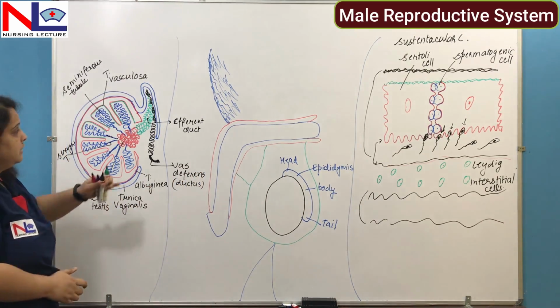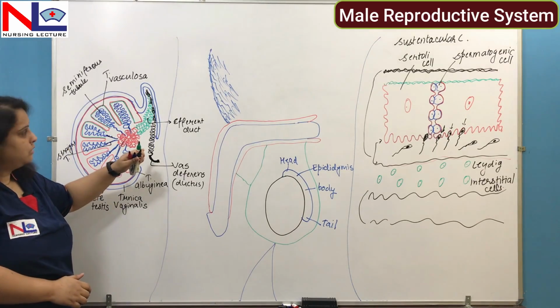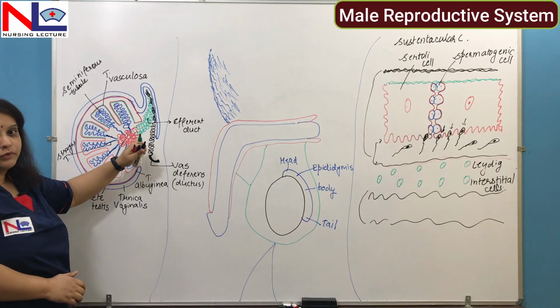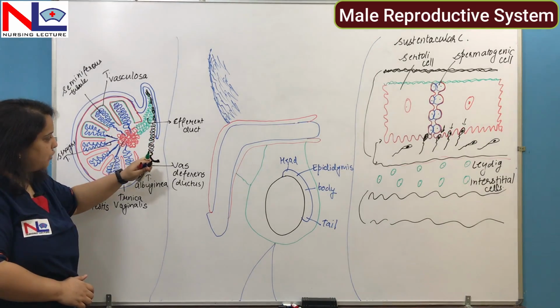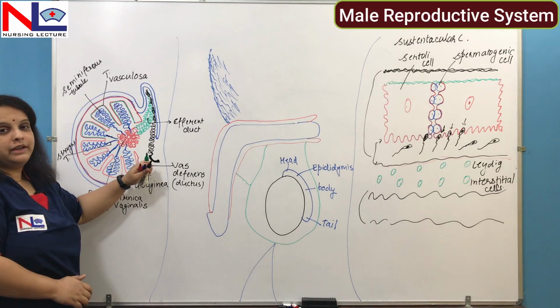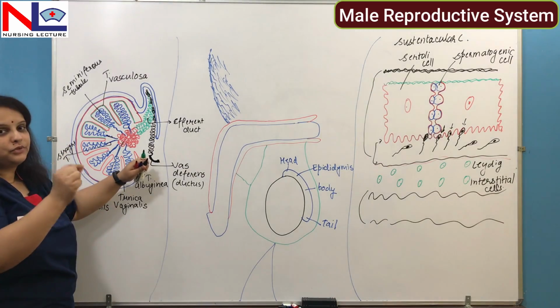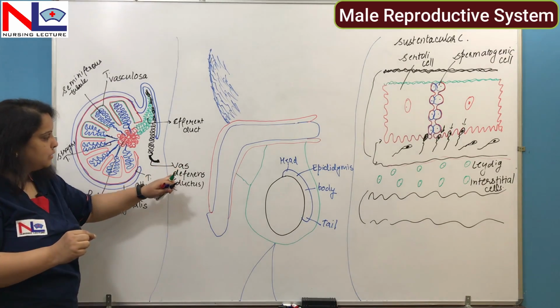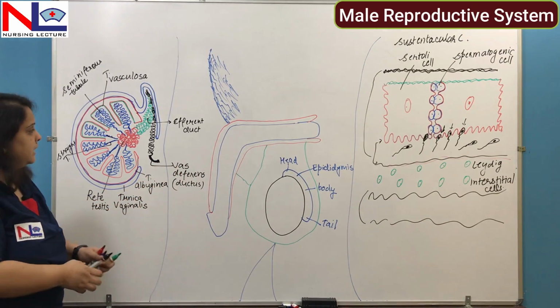So the duct in the epididymis, which is highly coiled in the head area, becomes less convoluted and descends down, and in the tail portion it becomes wider and straight, and here it is called the vas deferens or the ductus deferens.